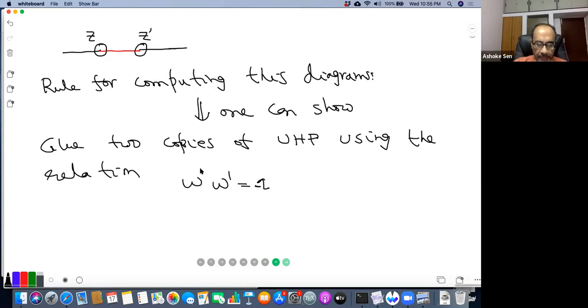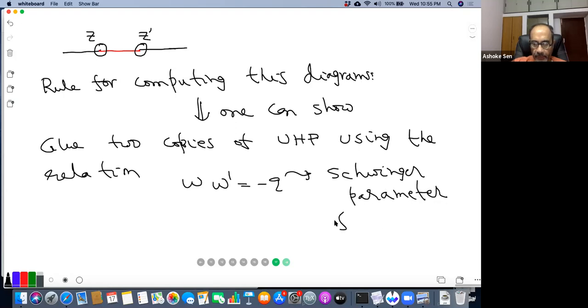This is q, it's probably not very visible, and q is that Schwinger parameter for the propagator, for this red open string propagator that you see.